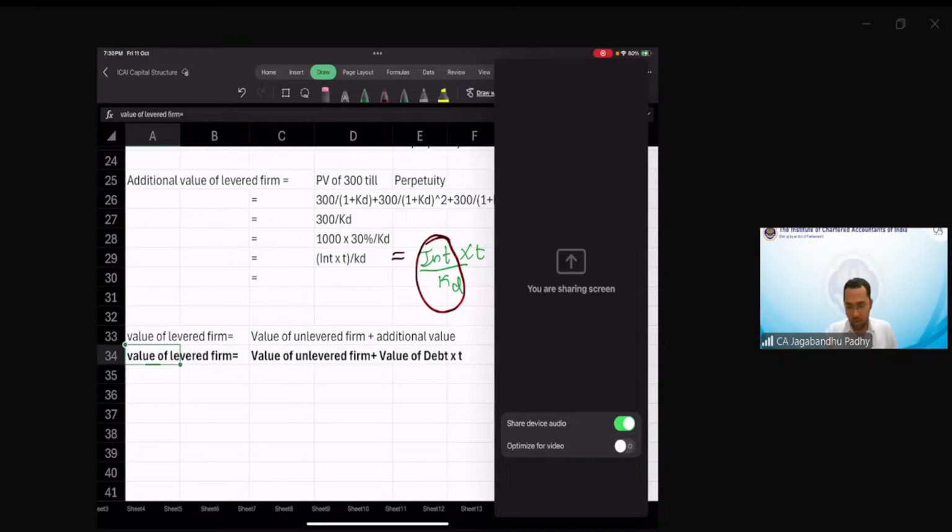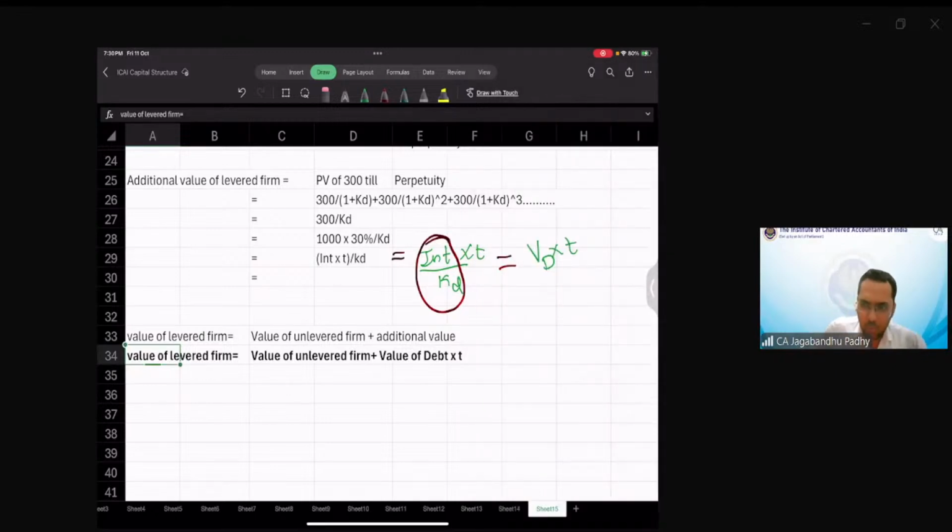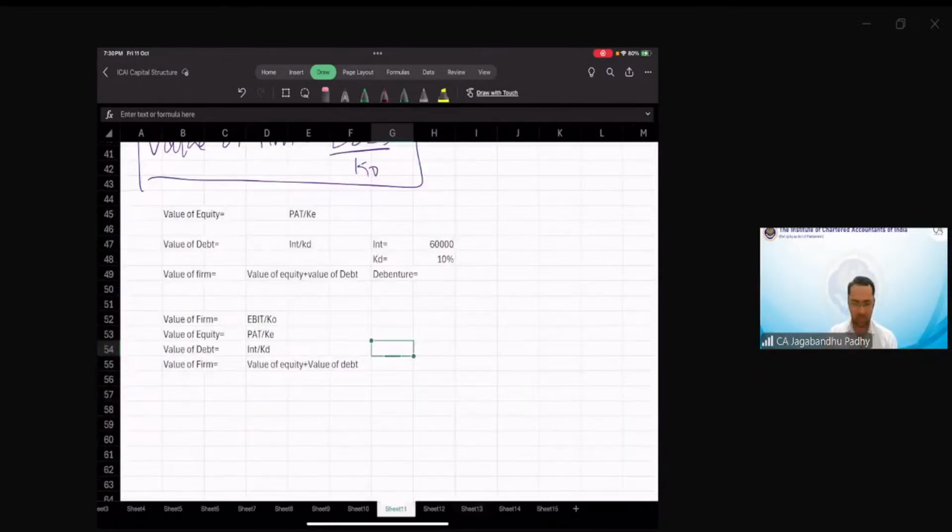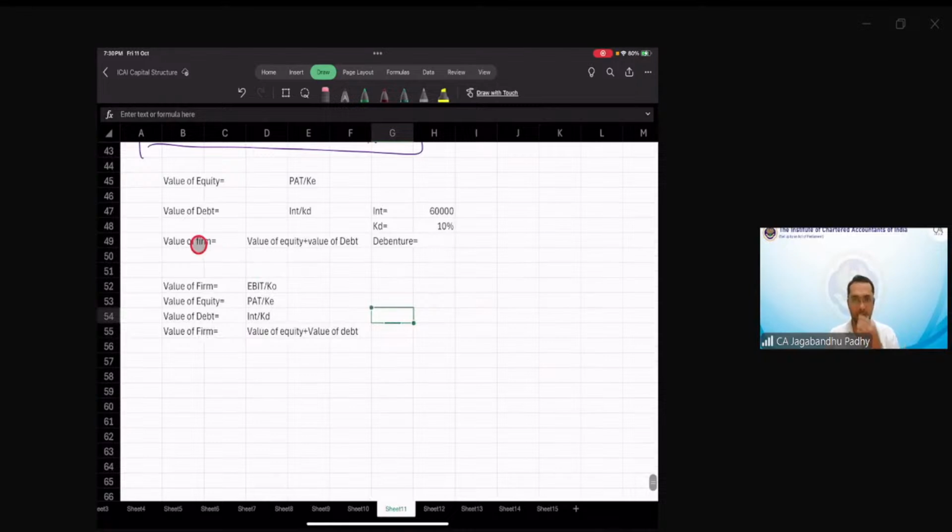Okay. So now let's do a few questions, one or two questions on this, and then possibly we'll go for the arbitrage concept. So till now, what have we really done? Nothing great. We have just covered this formula, which is value of firm, value of equity, value of debt.